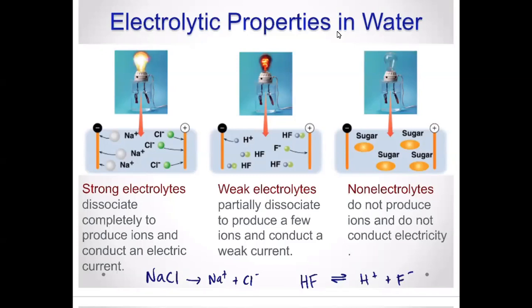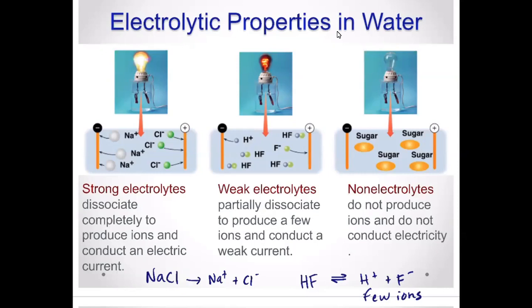But most of the time, we have HF in solution and very little of this. So this reversible arrow means it can go in either direction, but for this case, being weak, it is favoring being together. This is associated versus dissociated. So we have more HF around, so very little of this. So if you're a weak electrolyte, you have few ions around.